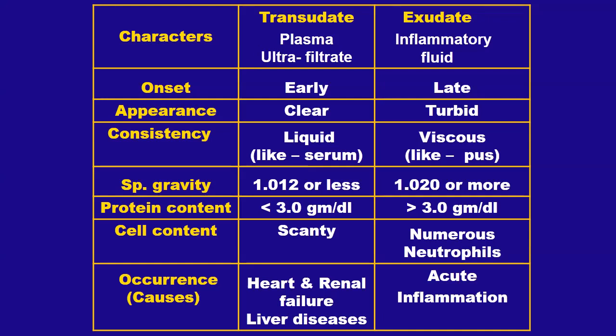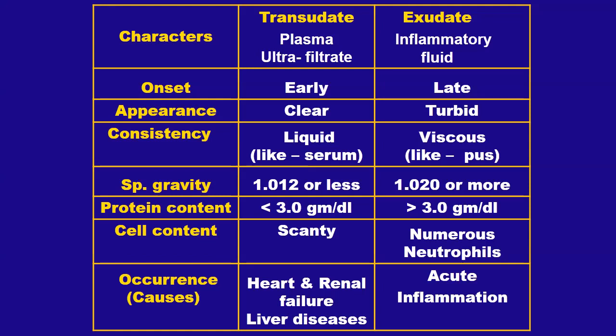grams per deciliter. Cell content is scanty in transudate, while numerous in exudate, mainly neutrophils. Transudate is caused by heart and renal failure and liver diseases, while exudate is caused by acute inflammation.